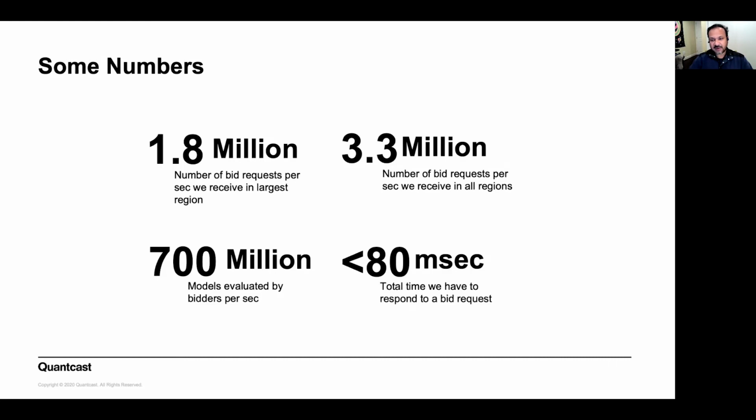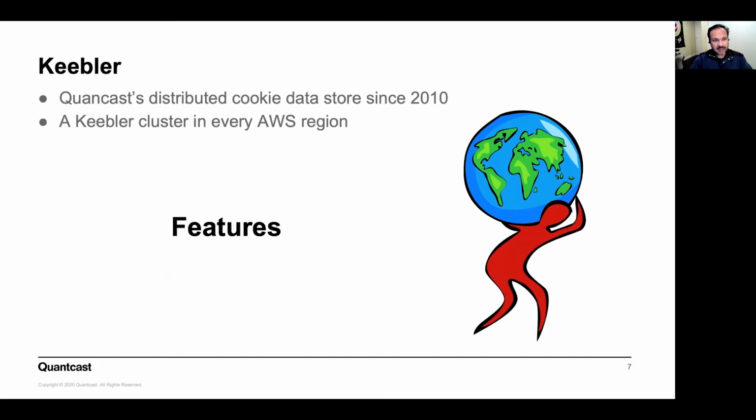The big thing for us is the latency. We try to perform all the computation and lookups under 80 milliseconds. If the request takes longer than that, the ad exchange might stop sending us ad opportunities.